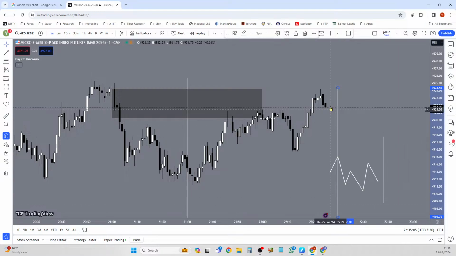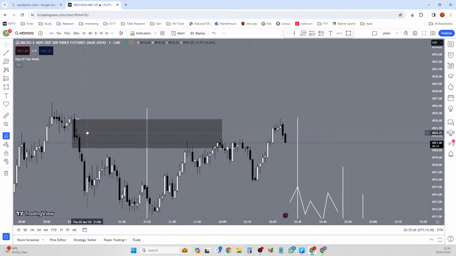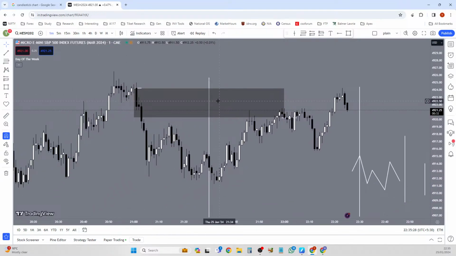So if we are going to mark this, then the opening price is over here. The opening price of the first candle over here is basically this one. Let me draw this as opening. Okay, I have a horizontal line, I'll use it for that.